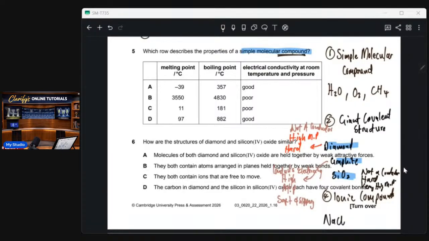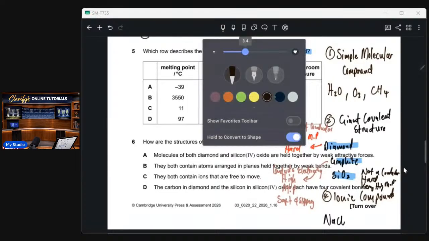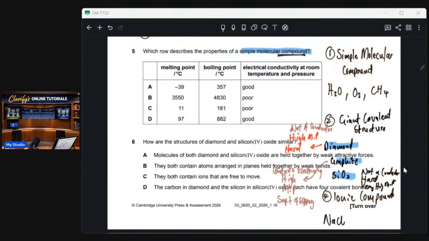So for simple molecular compounds now, this was for the giant. I wanted to make sure you know for the giant. For simple molecular compounds, you need to know that these generally have very low melting points and very low boiling points. They can't conduct electricity.